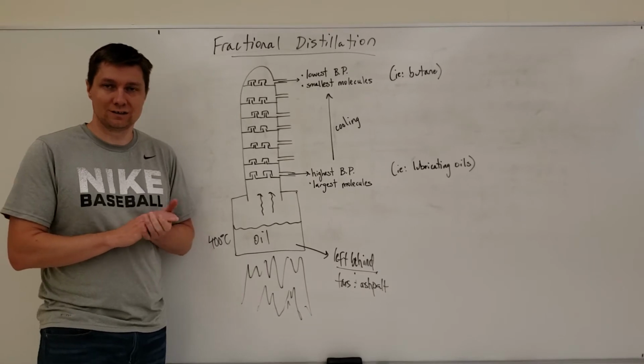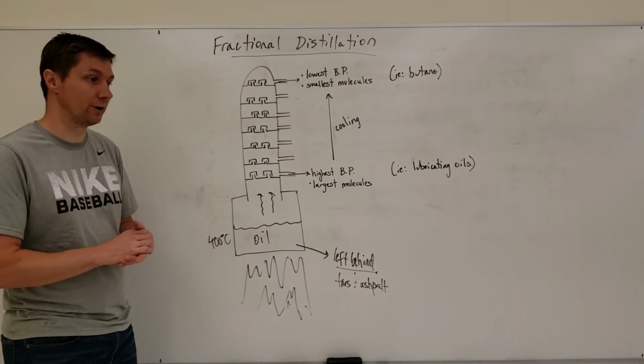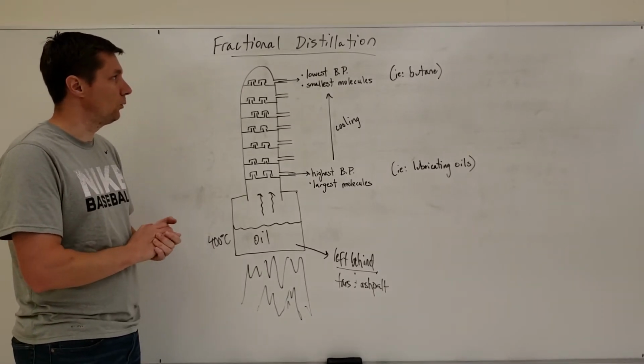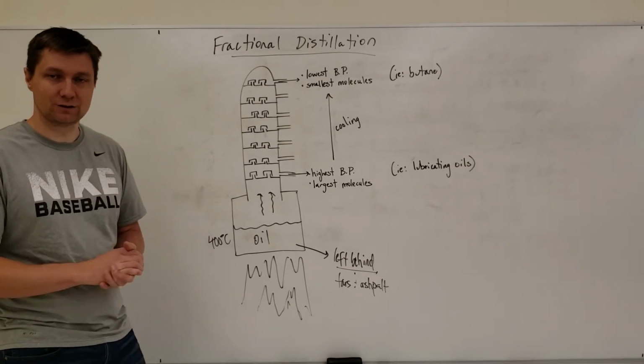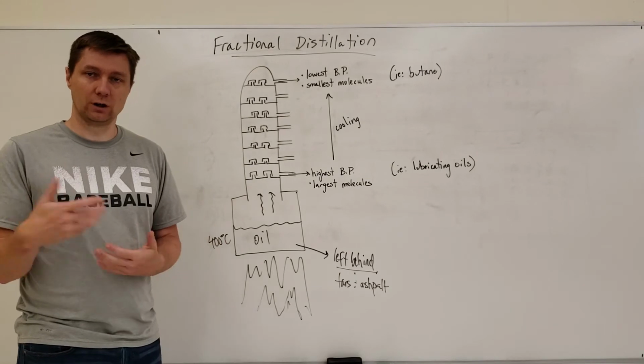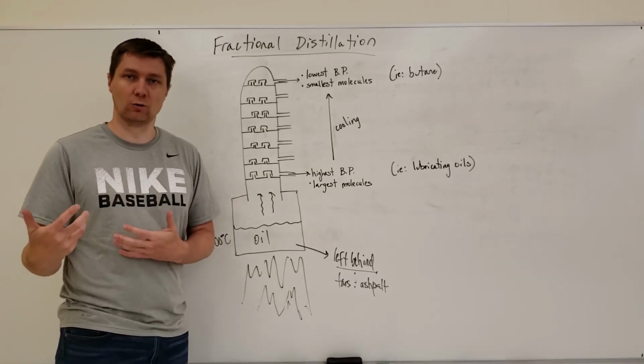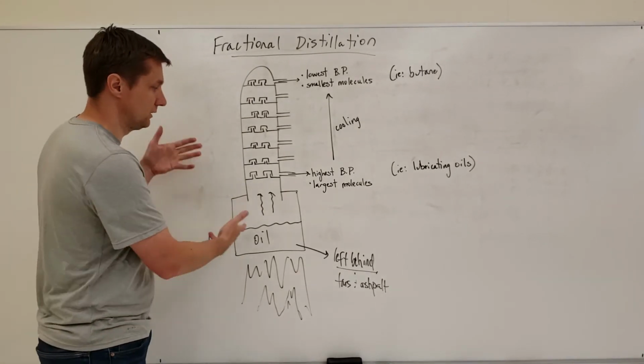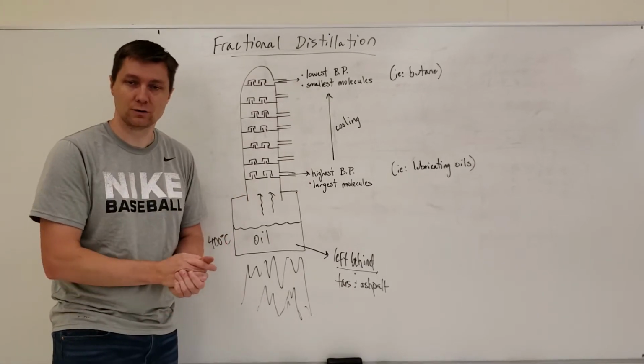Fractional distillation is an application of boiling points that we've just been learning about. What exactly fractional distillation is: when we go out and we drill and we find oil, we take it to a refinery, and a refinery has these distillation towers.